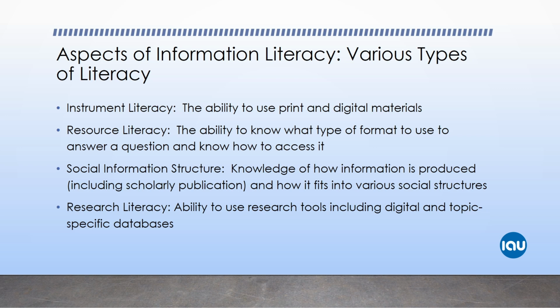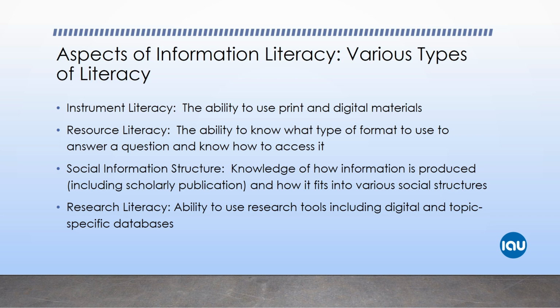I would like to discuss different aspects of information literacy. So there's various types of literacy that you will need to have within your toolbox of skills in order to achieve true information literacy. And this involves different instruments, resources, social information structure, and research.